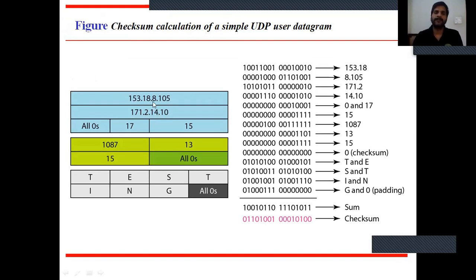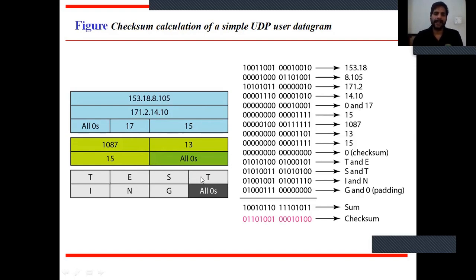So 153.18 is converted into 16-bit form, 8 and 105 are converted into 16-bit form, 171 and 2 are converted to binary 16-bit form. Then all zeros in 16 bits and 17, 16-bit form 15, 16-bit form 1087, 16-bit form 13, 8-bit form 15, and all zeros.